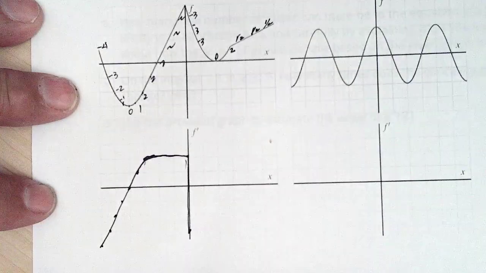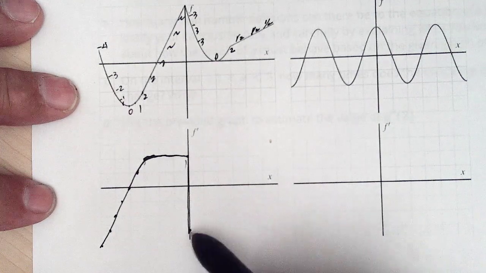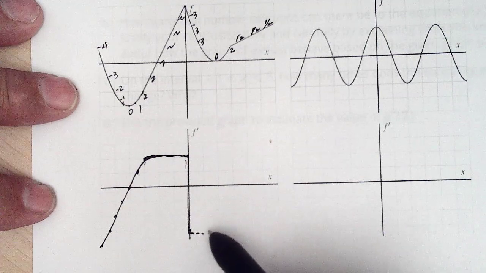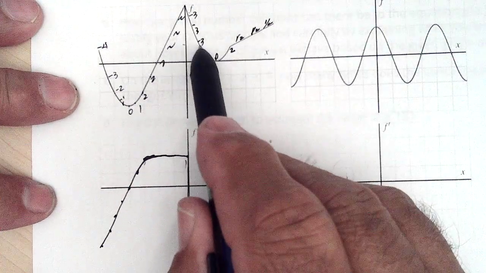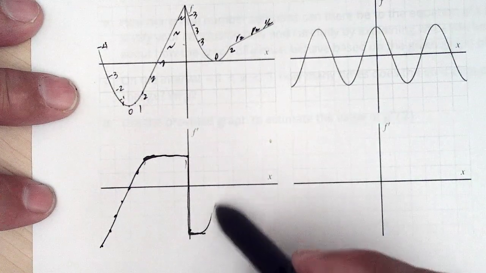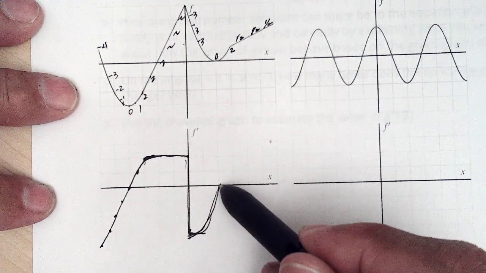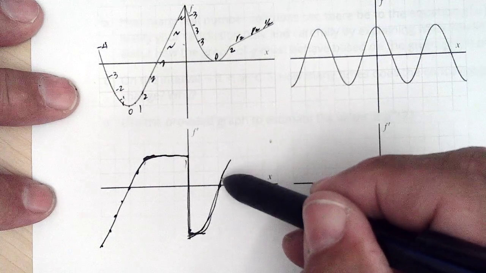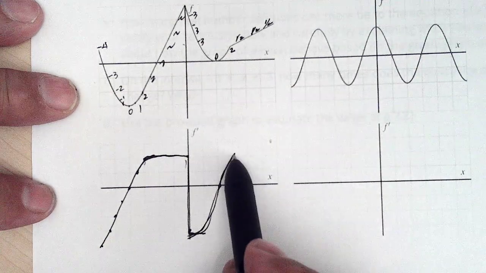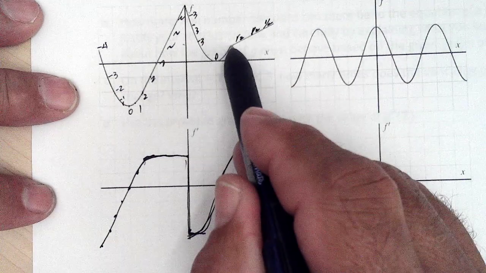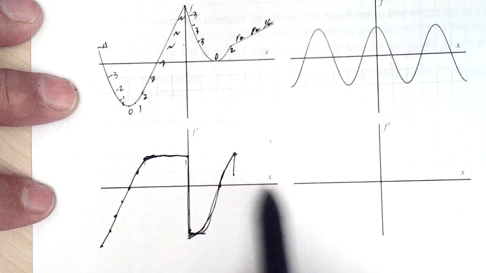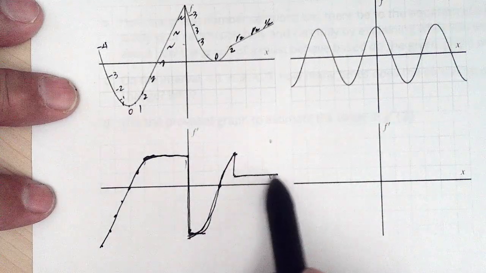And it holds minus 3 for maybe a unit, and then it tapers to 0. And then it goes up to 2. And then a cusp instantly drops to 1/2, and it holds 1/2 the rest of the way.